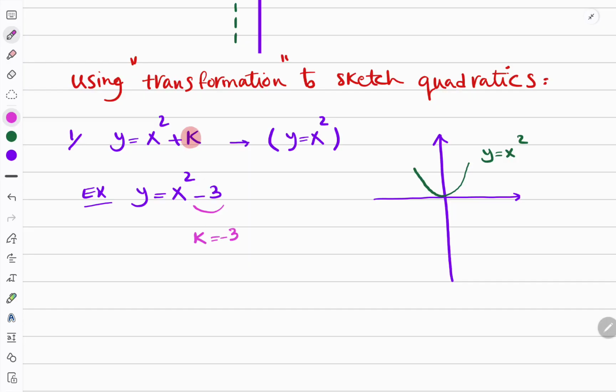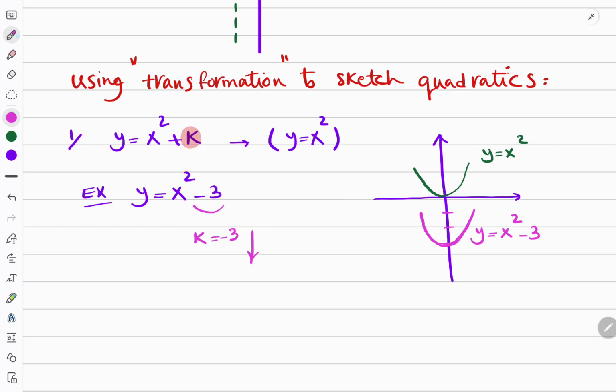It means that you should move down 3 units vertically. So 1, 2, and 3. So our graph is like that. In fact, we shift 3 units down. And this is y equals x squared minus 3. Sometimes k is a positive number, so you should go up vertically.